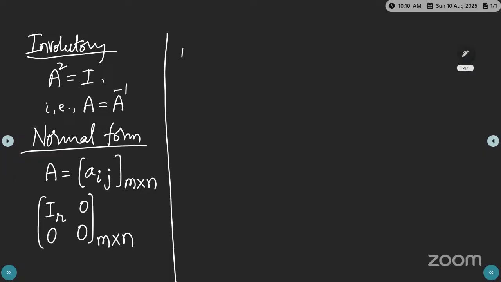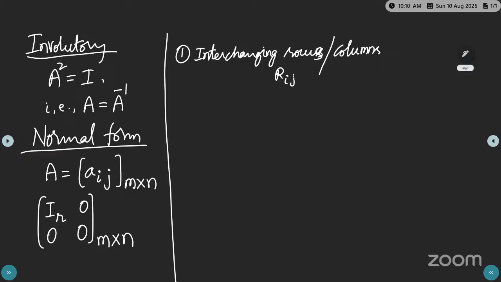Row transformations: interchanging rows or columns. R_iz: the ith and zth rows are interchanged. Note down. Columns means C_iz: the ith and zth columns are interchanged.